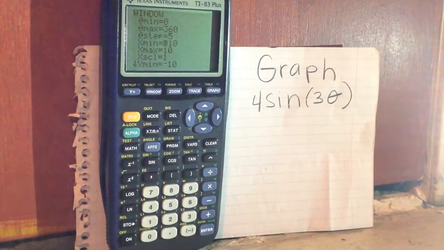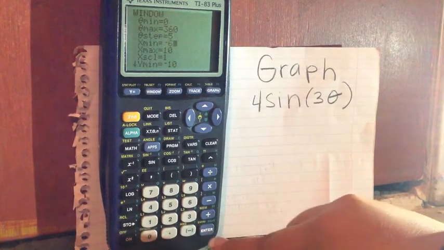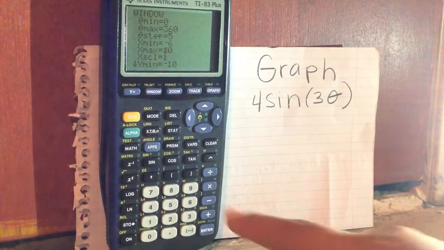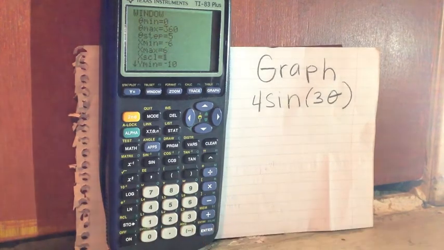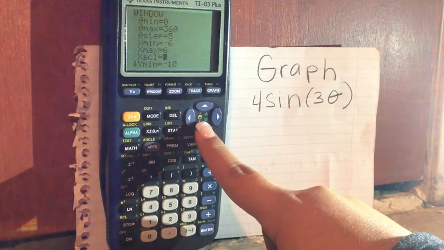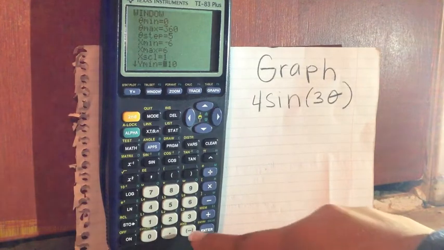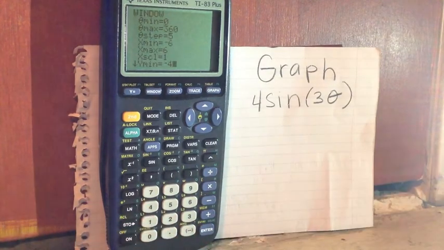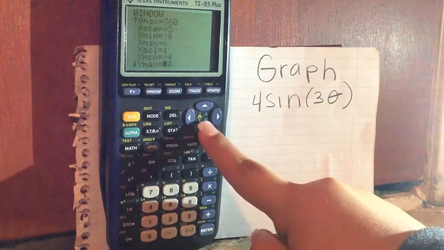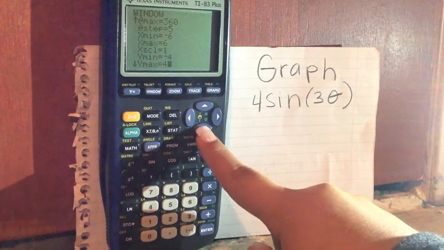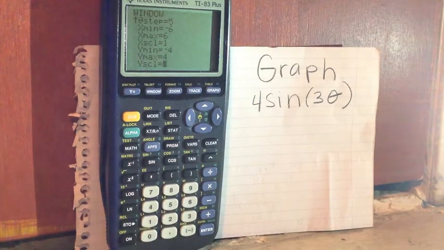Our x min is going to be -6. X max is going to be 6. X scale is going to stay the same. Our y min is going to be -4. And our y max is going to be 4.